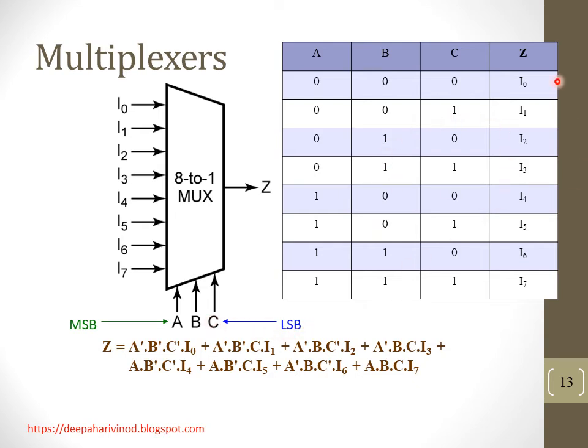Now this is the corresponding truth table, showing which input will be connected to the output depending upon the select lines.